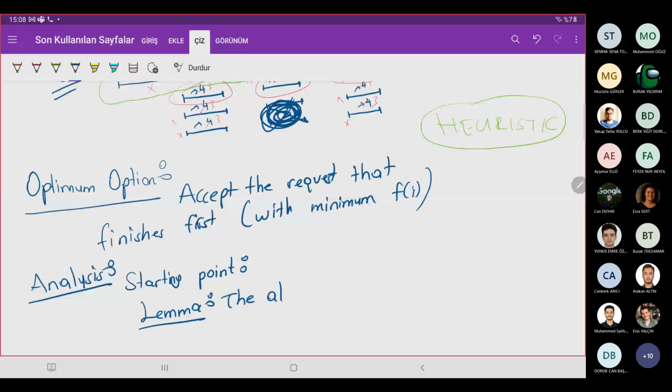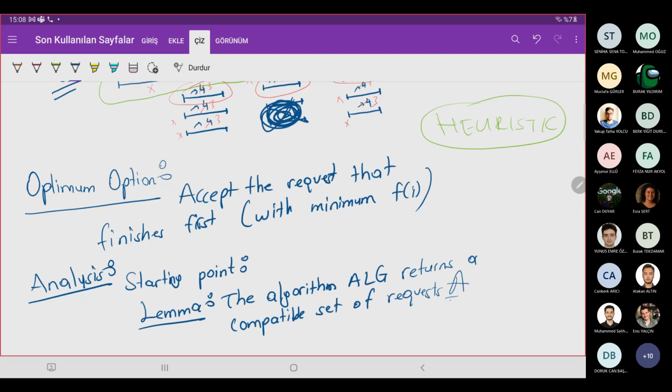The algorithm ALG returns a compatible set of requests A. So actually a feasible solution, okay? Proof trivially obvious. Actually, for all of these algorithms, because we reject the ones that are incompatible in every step, this automatically gives us a compatible set of requests finally, right?